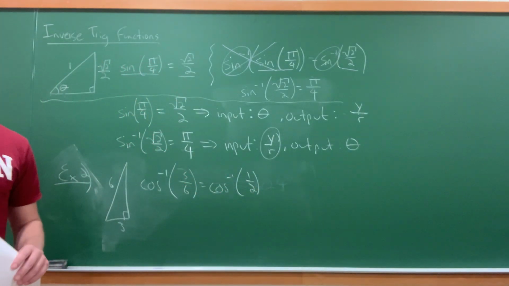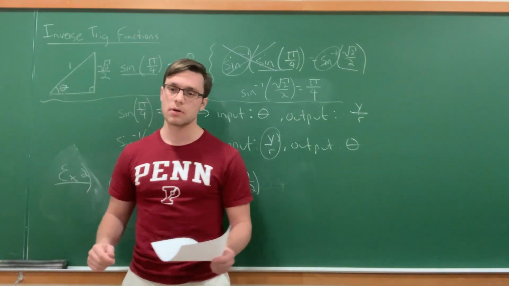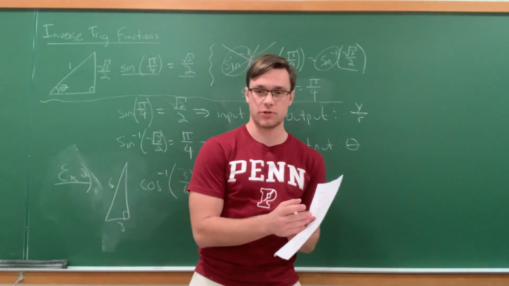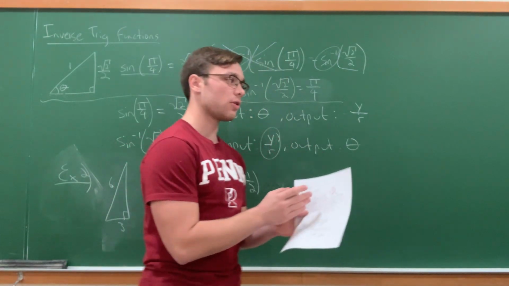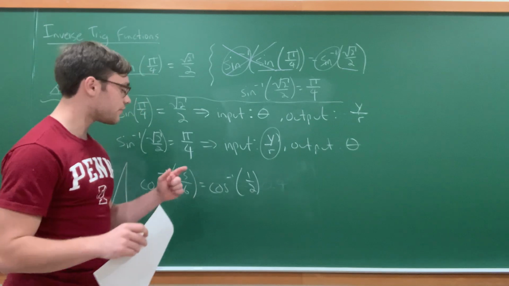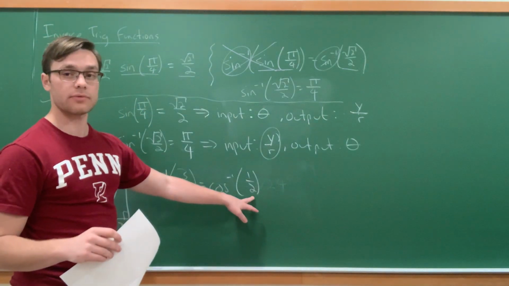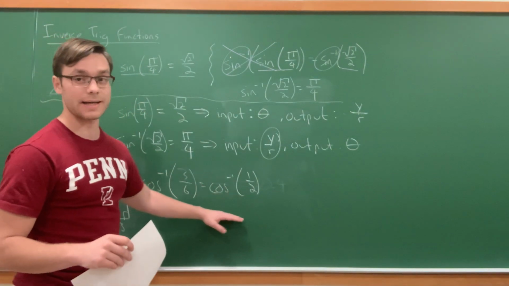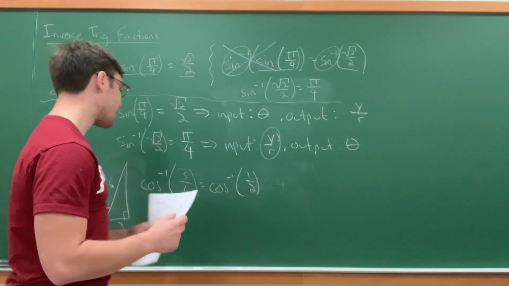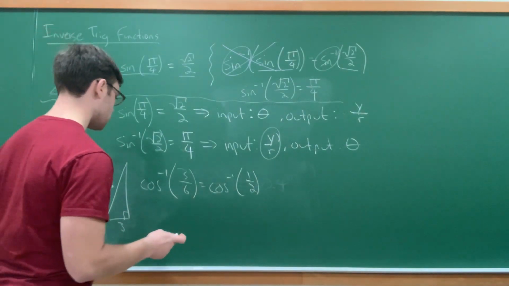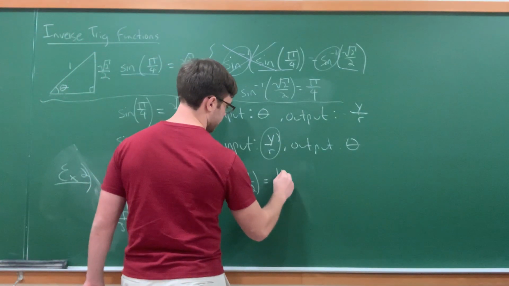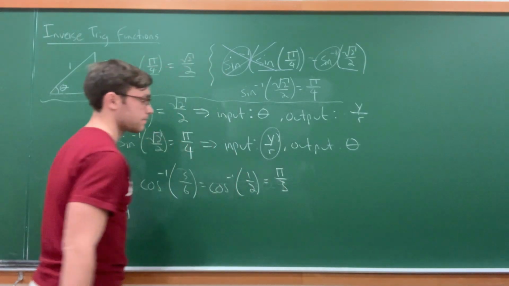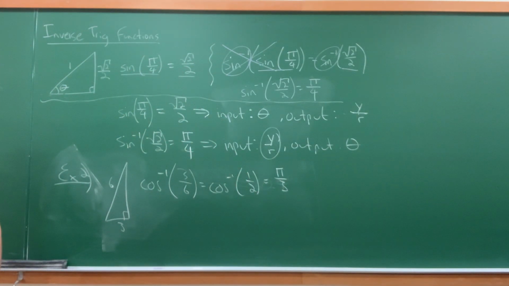If you think back to the unit circle, what angle measure gives you a cosine value of 1/2? When is that x value 1/2? That happens at pi over 3. That just comes from the unit circle.